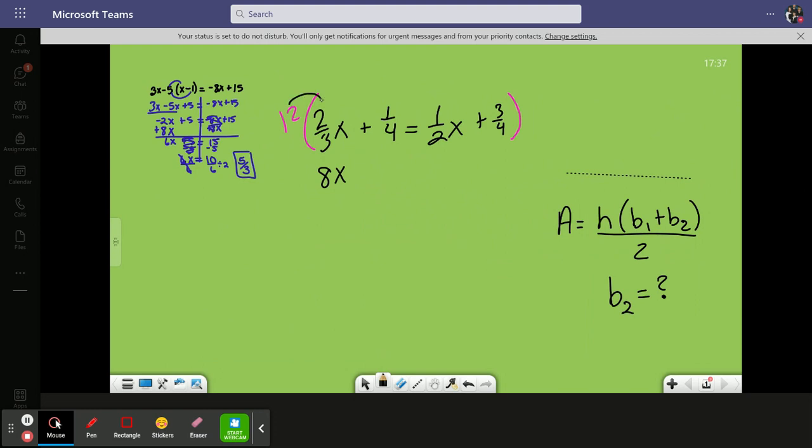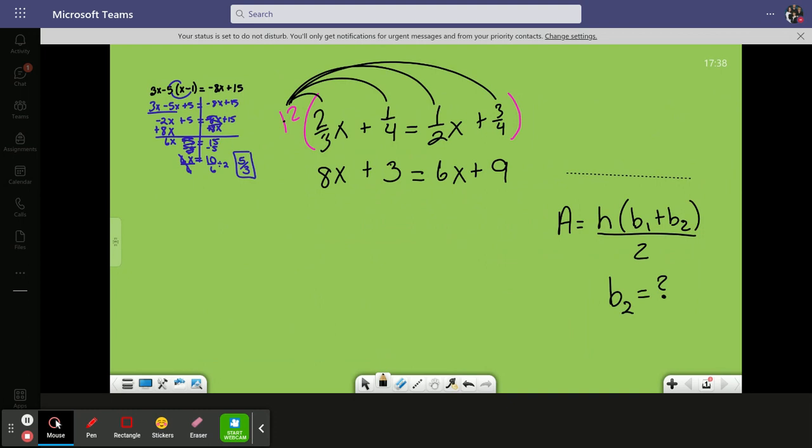Now, everybody, whether it's a fraction or not, I got to hit every single term. So 12 times 1 divided by 4, 3. Okay? 12 times 1 divided by 2, 6. 12 times 3 divided by 4, 9. Right?